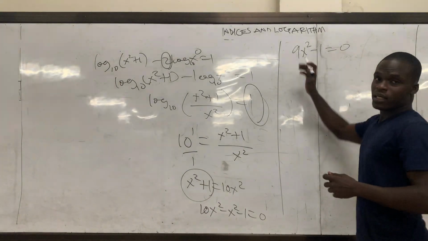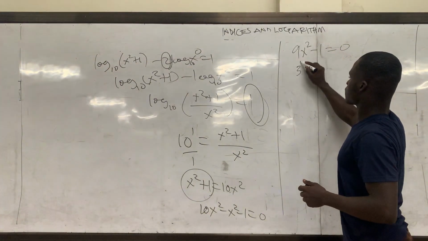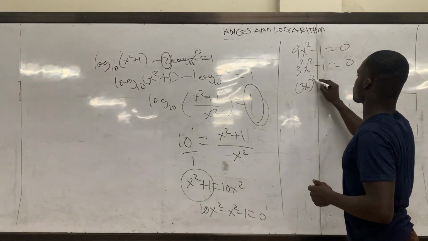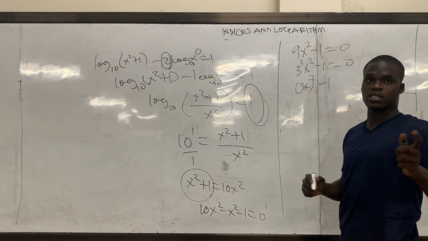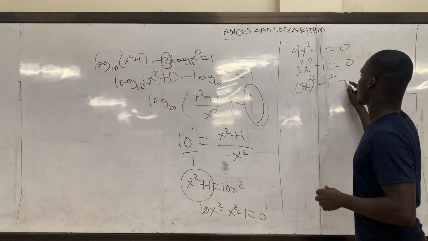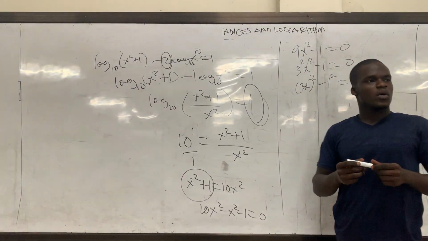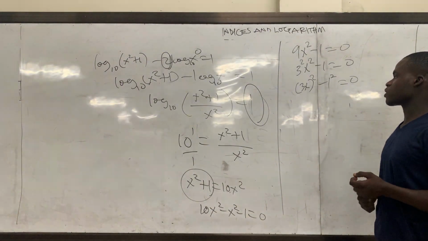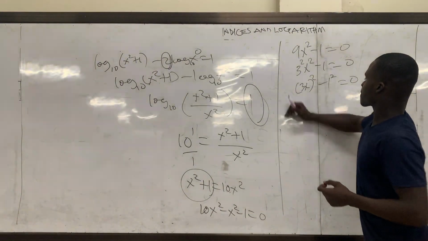Okay, 9 can also be written as 3 squared, so 3 squared x squared minus 1 equals 0. This can be (3x) all squared minus 1, but 1 can also be written as 1 squared, equals 0. Now, when we have something like this, we call it the difference of two squares.